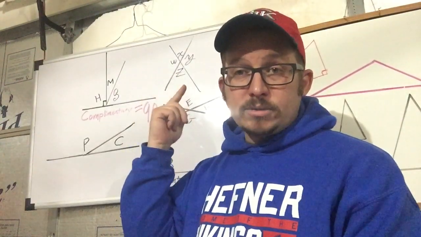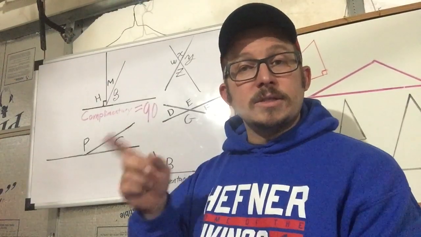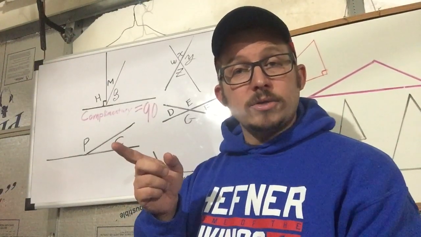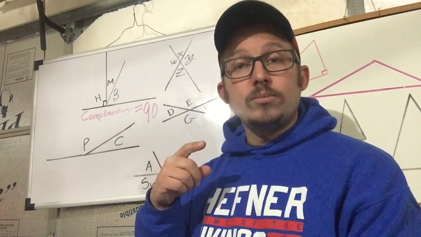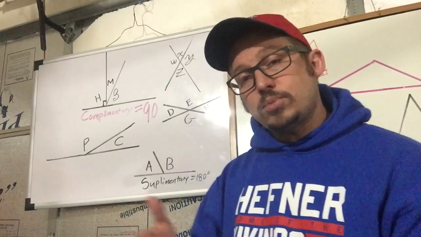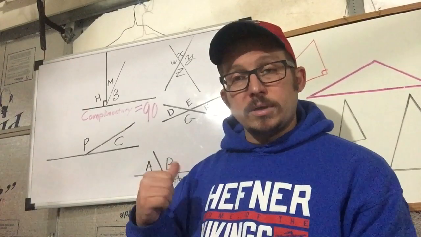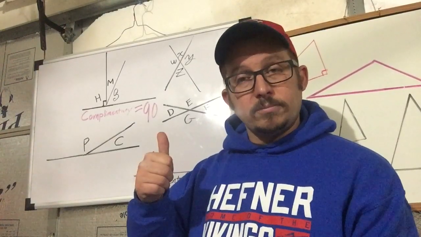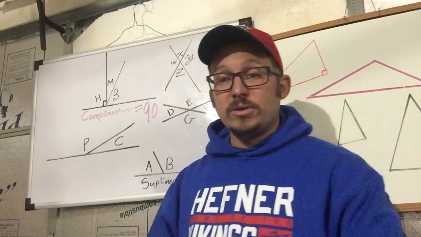The remaining 2 angles have to total 300. But since they are vertical angles across from each other, we can say that W and Y would each be 150 degrees. 150 plus 150 equals 300. And 300 plus 30 plus 30, 360. Pretty cool stuff. Let's show you another card.